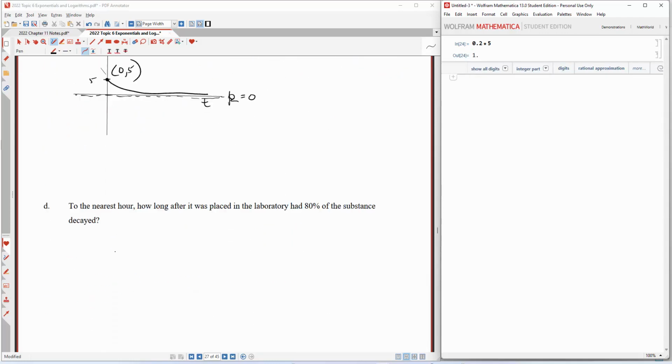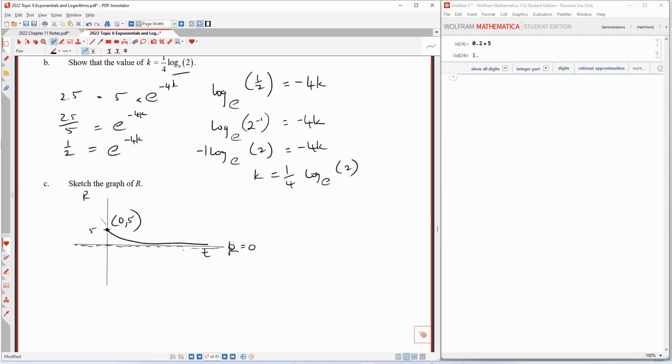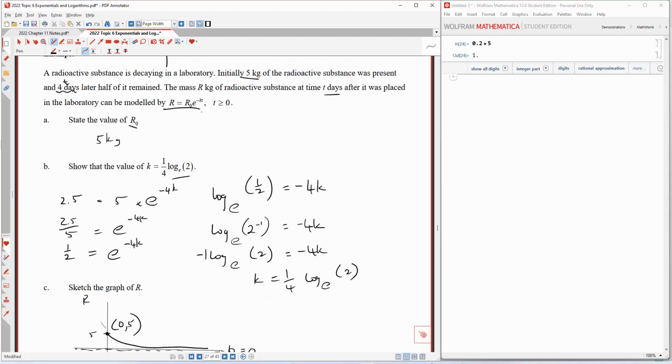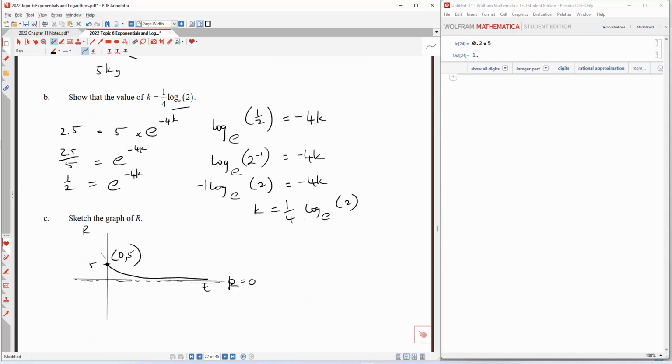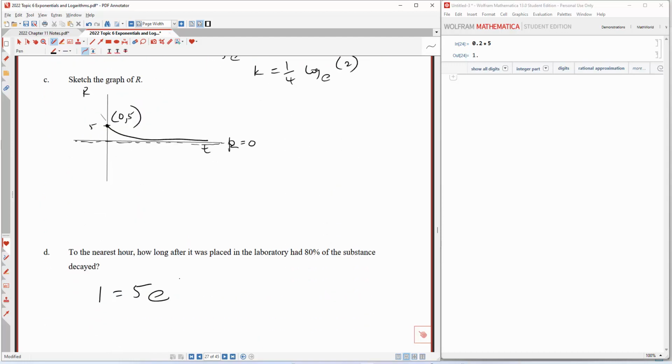Okay, so what we're going to do is say when the 5 becomes 1, can you tell me how long that will take to happen? So it's going to be e to the kt, so I'm just using again this model here. So k is this one here, so it's going to be negative a quarter log e 2 t. So we're going to solve this thing here.